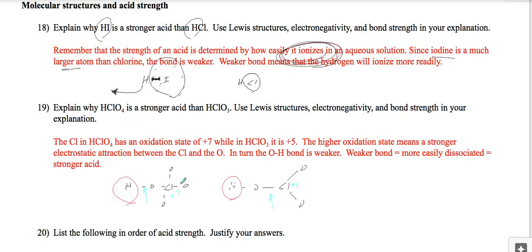The hydrogen pops off. With a lower oxidation state, the central atom is less attracted to those oxygens, so this hydrogen becomes more strongly connected to this oxygen. It's more difficult to ionize. All right, so there's that one.